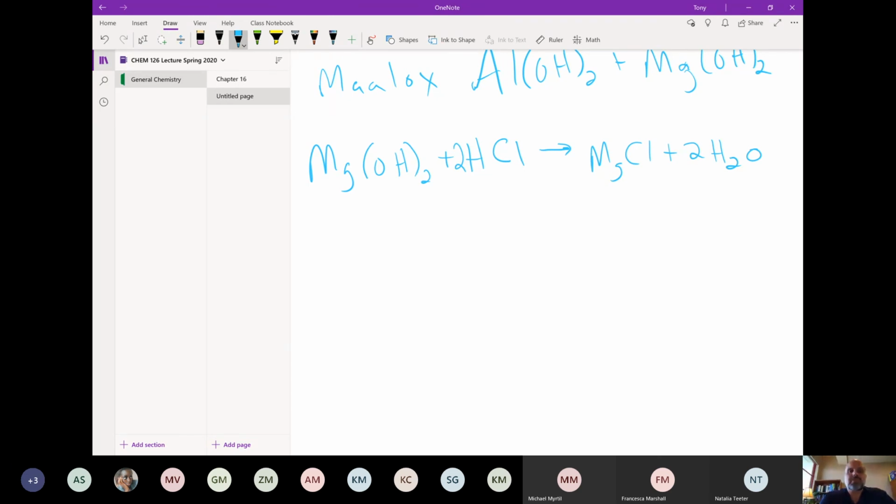So yes, this neutralization is a double displacement, where we have the 2 hydroxides. These exist in the form of Mg2+ and 2 hydroxide ions, plus 2 protons, H+, plus 2 chlorides.